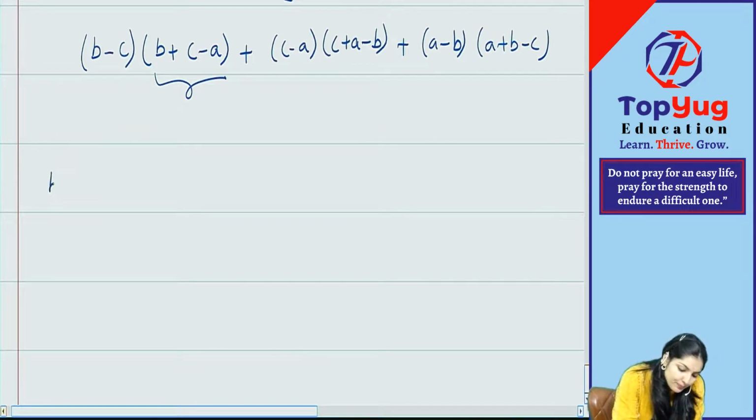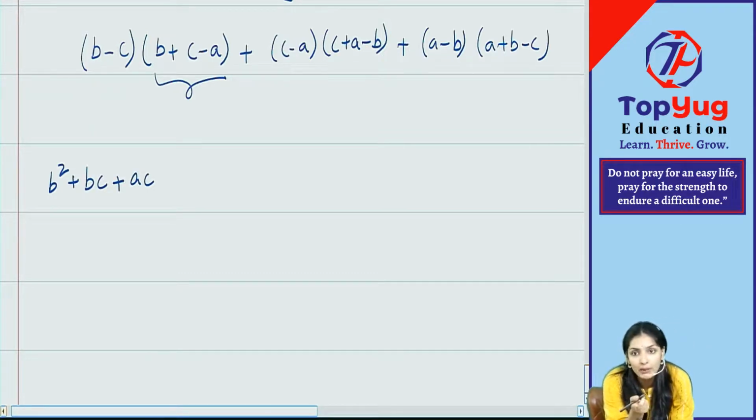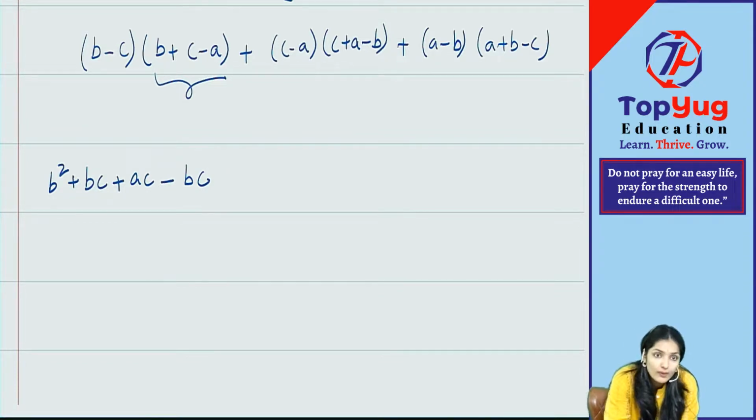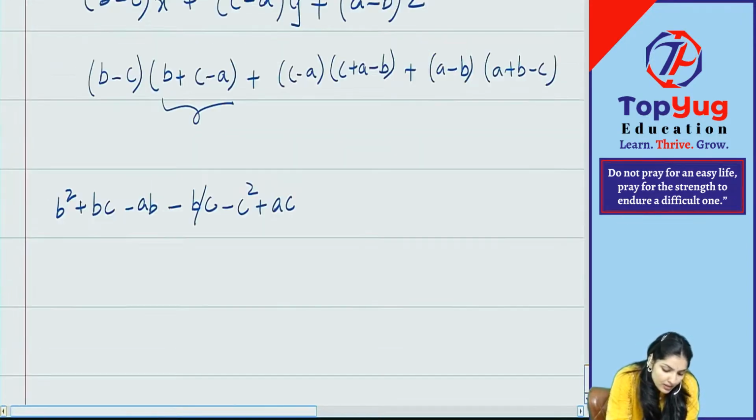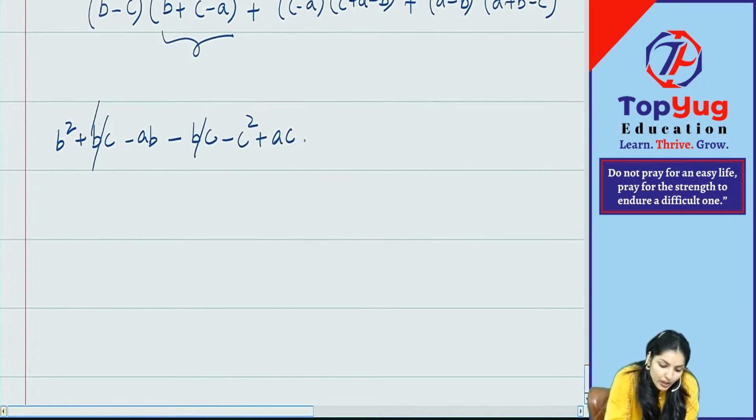So b square plus bc plus ac, because minus into minus becomes plus, minus c into minus a. Similarly now minus bc, because minus c into plus b, minus into plus is minus. Yes, minus ab. Now minus bc minus c square plus ac. So I can cancel minus bc plus bc. I am going further now.